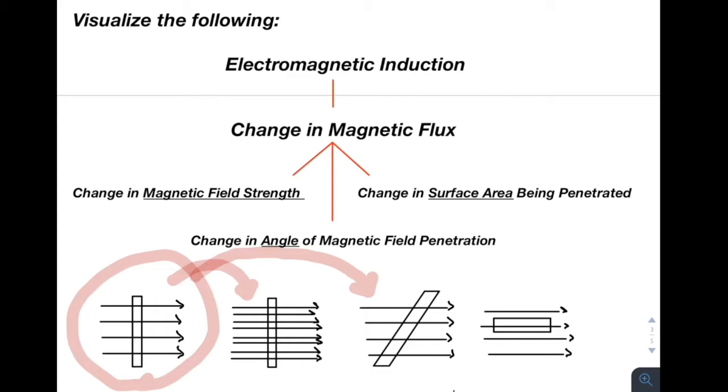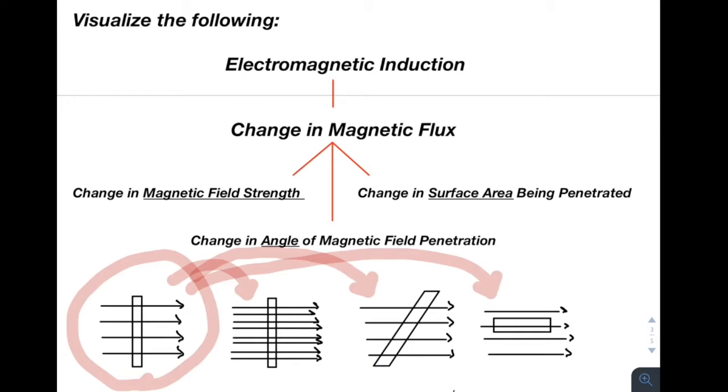And in the last scenario, we are changing the surface area and we are changing the angle of magnetic field penetration. The surface area being penetrated has obviously decreased because now we only have 1 magnetic field line traveling through the surface area, whereas in the first scenario we had 4.